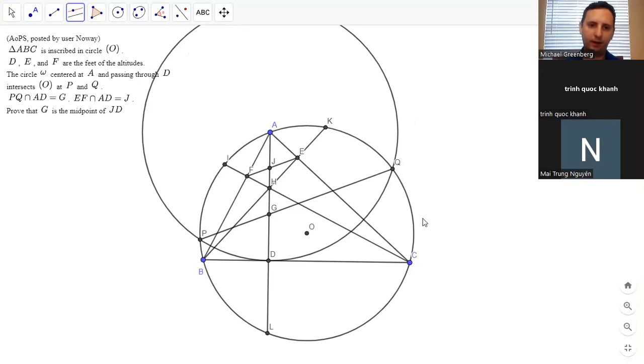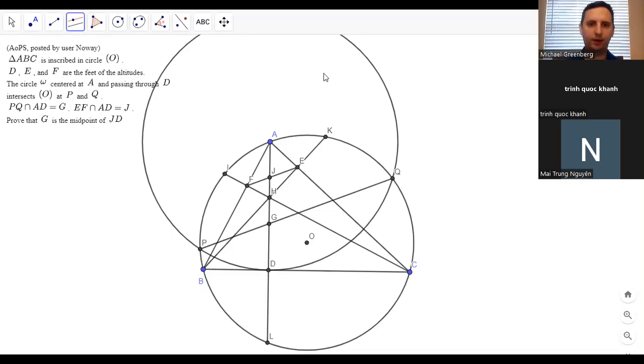So maybe it's obvious from that PQ is parallel to EF, right? Is that just like Reim's theorem? They're both perpendicular to OA. Oh yeah, that's true. So that proves it. All right, so we know those are parallel.